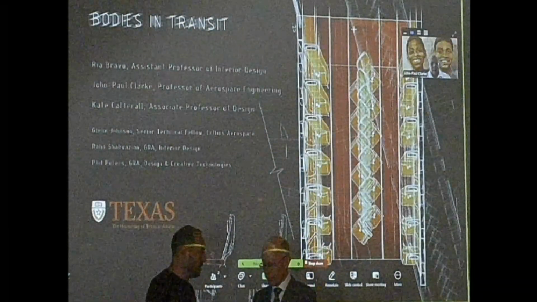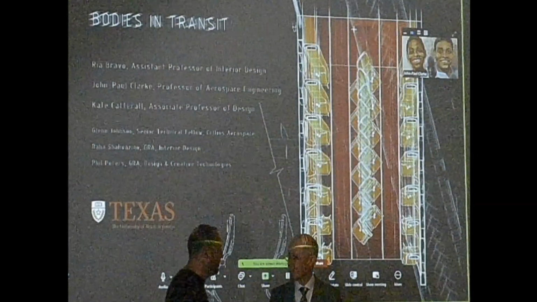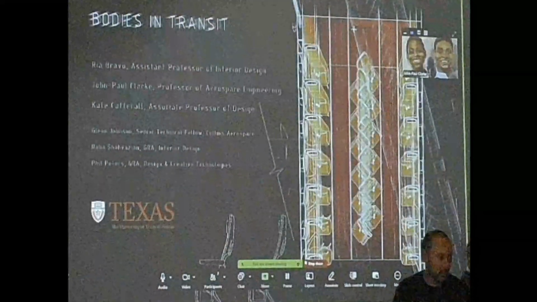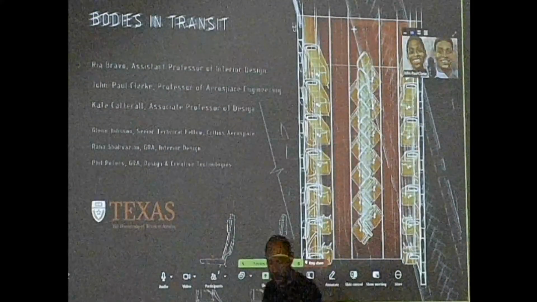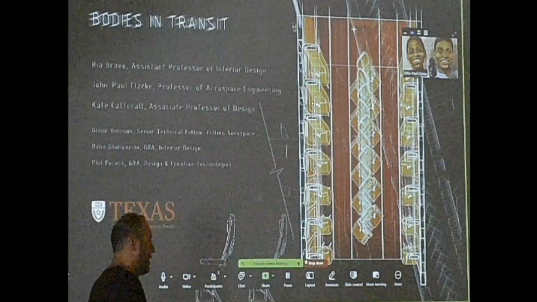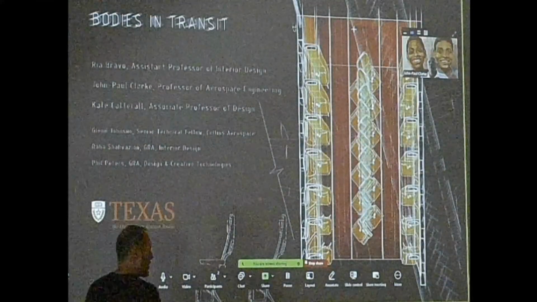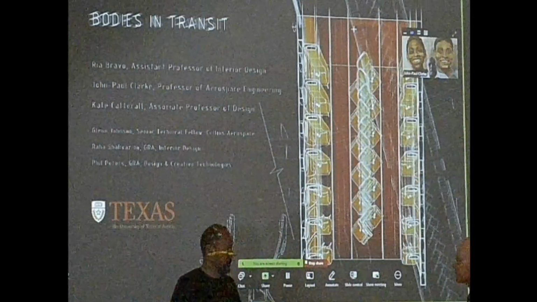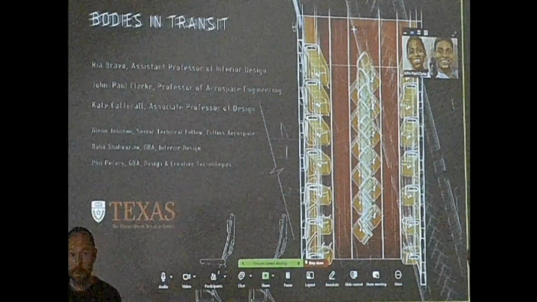I'm going to edit it out. I'm going to move this a little bit so that it can be clearly heard. If you would like to just set it down, I'll run over here.